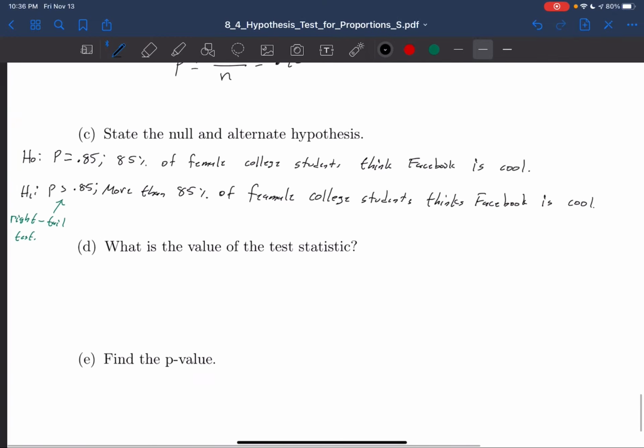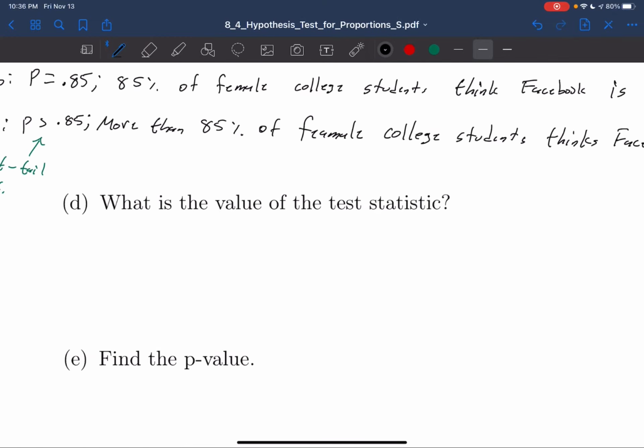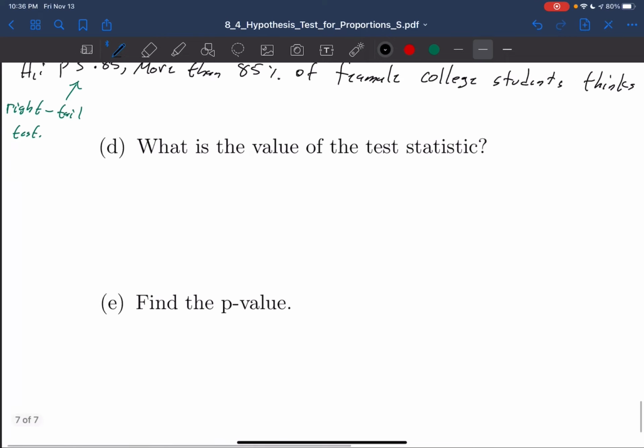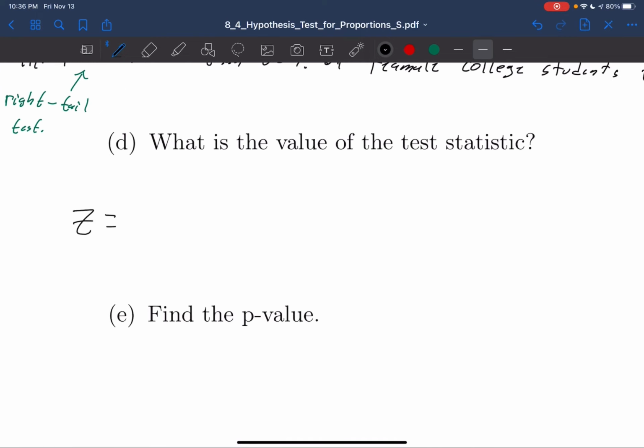Okay. What is the value of our test statistic? What is Z? So remember, Z is going to be equal to P hat minus P naught divided by the square root of P naught times 1 minus P naught divided by n. Since we know all these values, we just plug them in and insert it in our calculator.